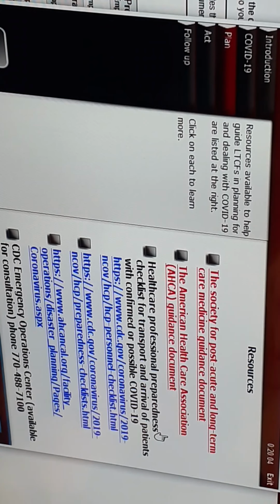Resources available to help guide long-term care facilities in planning for and dealing with COVID-19 are listed at the right. Click on each to learn more.